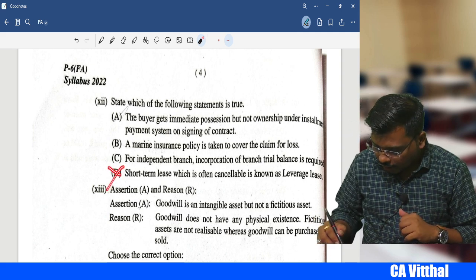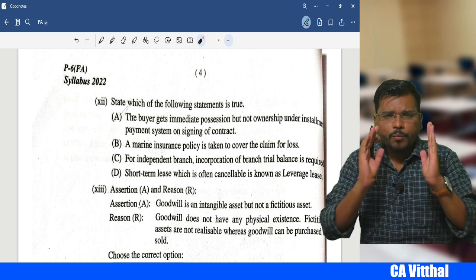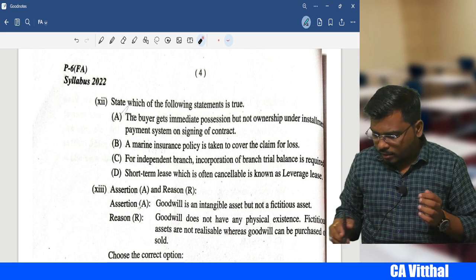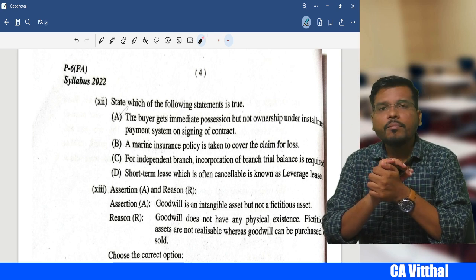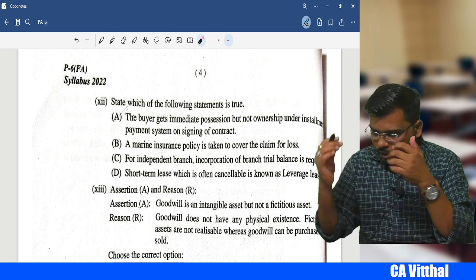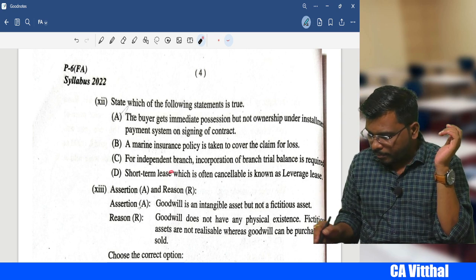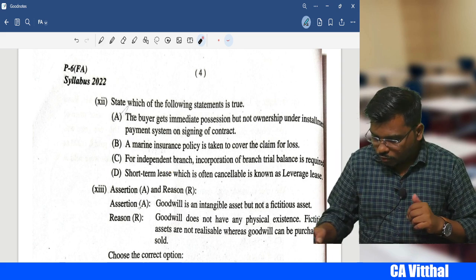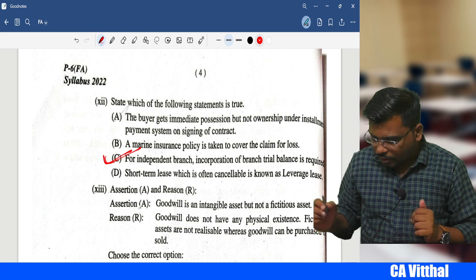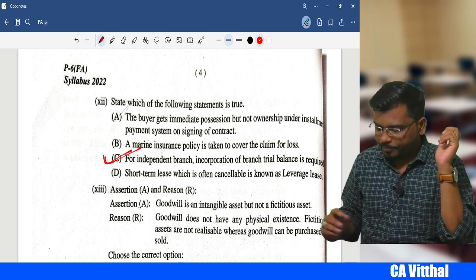These both are wrong. The more appropriate answer here is the independent branch. We need to incorporate the independent branch trial balance into HO books, right? For an independent branch, incorporation of branch trial balance is required in the books of HO. So the correct option will be C.